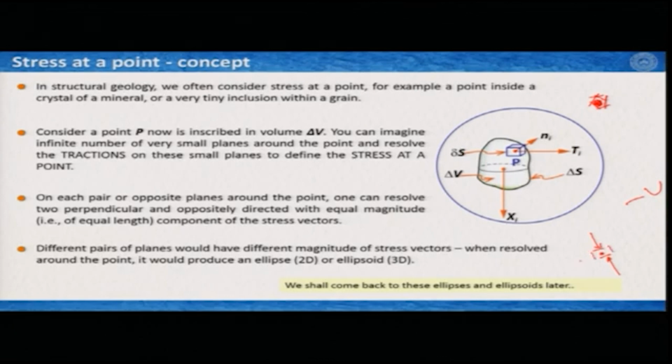In these two cases, here and here, the magnitudes are the same, but their magnitudes are different in the other two pairs. So, if I consider many such planes, these magnitudes may vary continuously, and this would finally yield what we would call very soon a stress ellipse when we consider it in 2D, and what we would call a stress ellipsoid when we consider it in 3 dimensions.